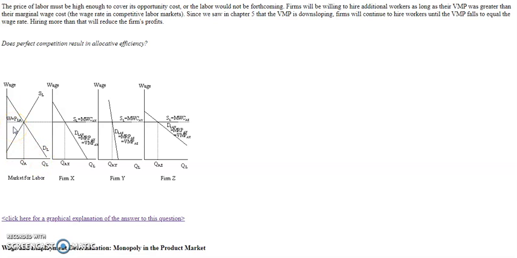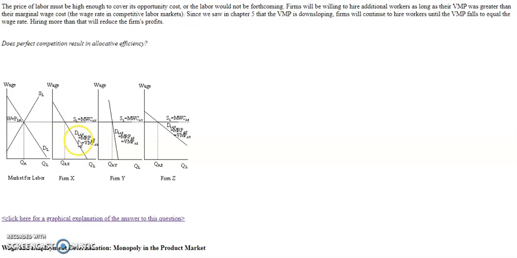W equals the price of labor. Then for firm X, the quantity of labor is on the x-axis and the wage rate on the y-axis. The demand curve for labor, DL, is a downward sloping curve.